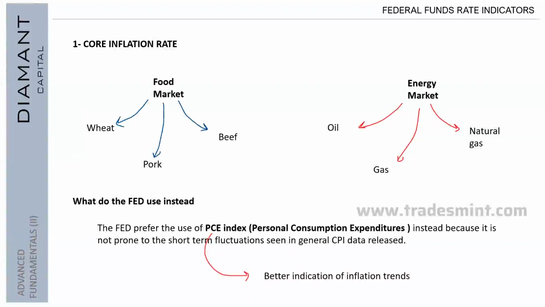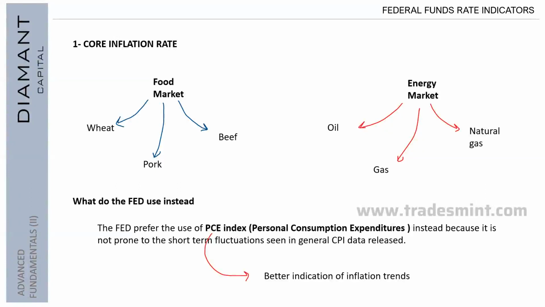Of course, there are many other sectors as well, but these are just a few that I brought up. Of course, you can do your own research and look more into that. Then the energy market mainly consists of oil, gas, and natural gas. Of course, there's going to be more to that as well, but again, some extra research will never hurt. But these three are the main three that we even look at, especially on the charts, particularly oil.